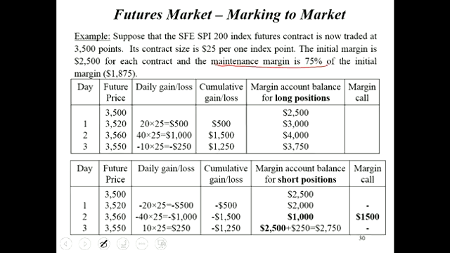So let's think about how on earth the clearinghouse figures out where to set the initial margin. How would you work out where to put that? They've set it at 2,500 as an example.